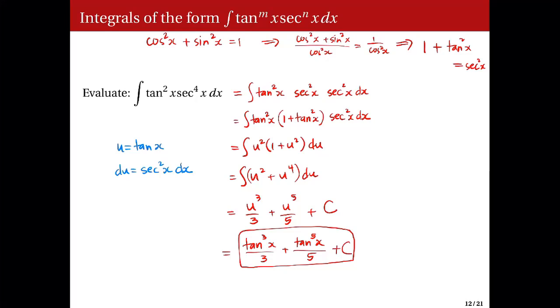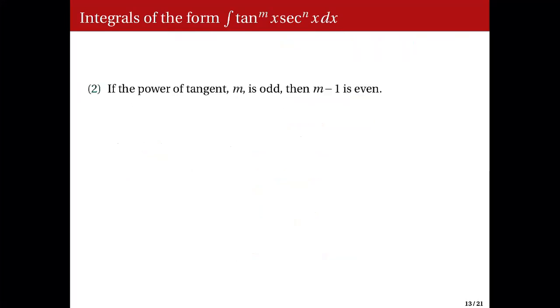So here, the power of secant is even. Now, if the power of tangent, that's m, is odd, then m minus 1 is even.